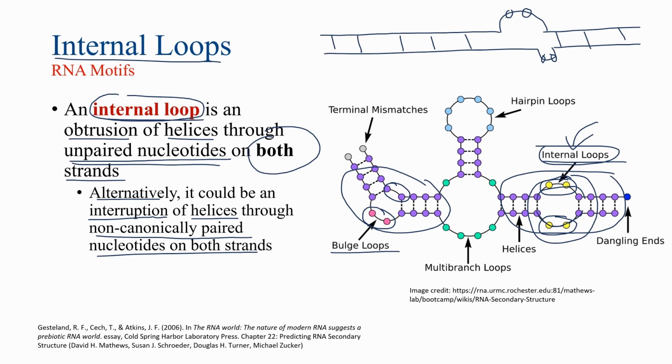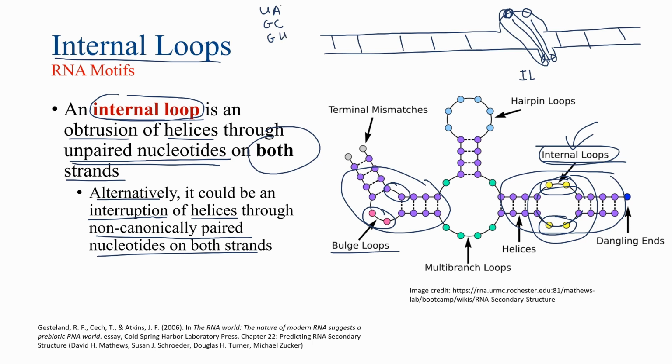And these two nucleotides could be completely unpaired, but on the other hand, this would also be considered an internal loop if those nucleotides do indeed base pair, but that this base pairing is between non-canonical nucleotides. So, for example, if this nucleotide that you see here and this nucleotide engage in base pairing that is non-canonical, non-canonical meaning that it is any base pair that is not a UA or GC or GU.